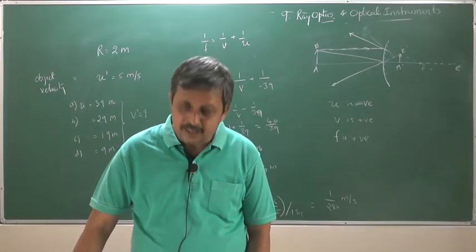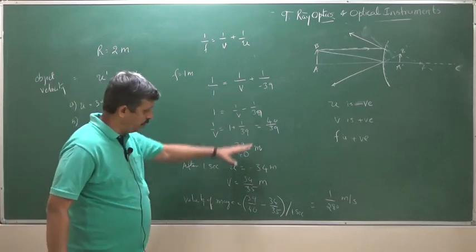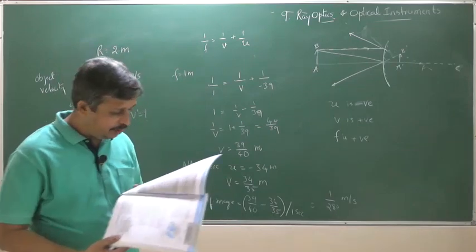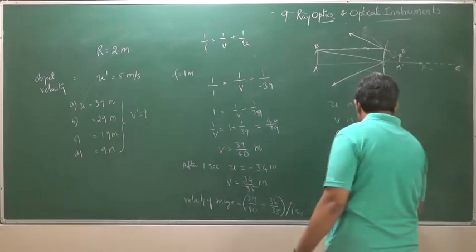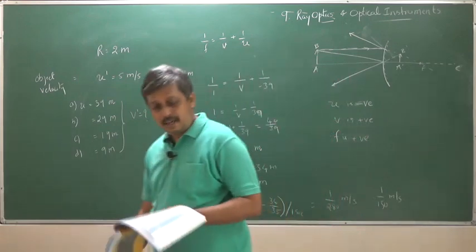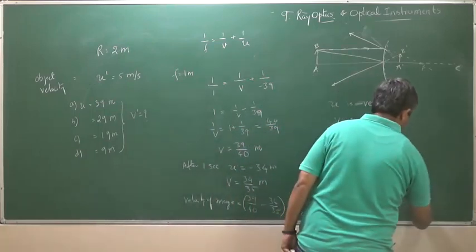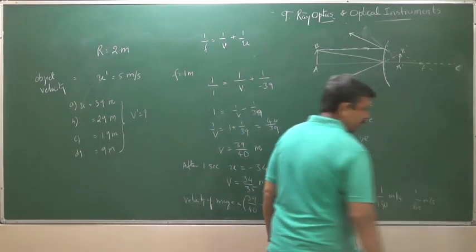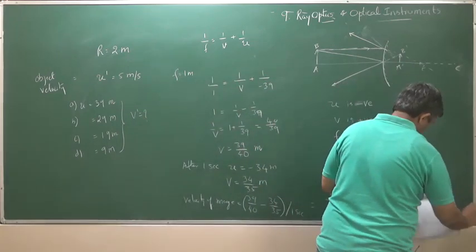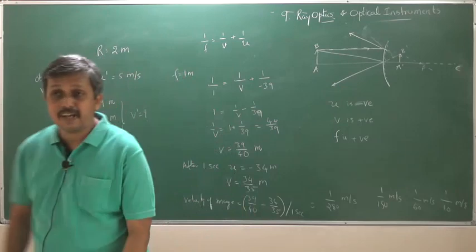Similarly, if you calculate for 29 meters, you will get 1 by 150 meter per second. And for 19 meters, you will get 1 by 60 meter per second. And for 9 meters, you will get 1 by 10 meters per second. All these cases are much less than the 5 meters per second.